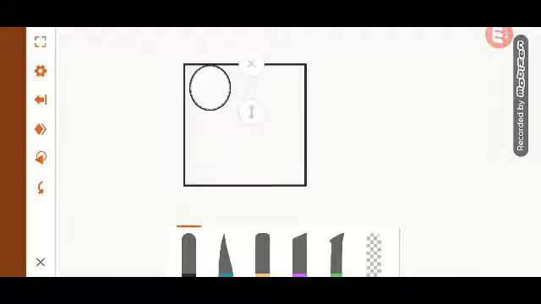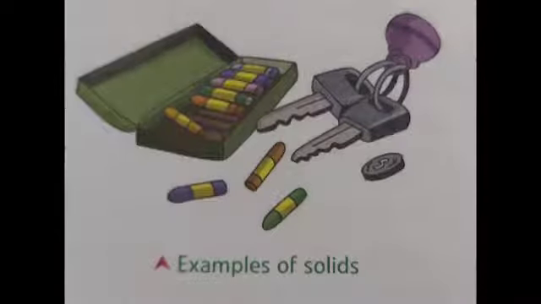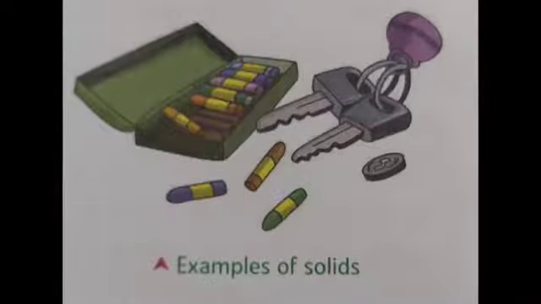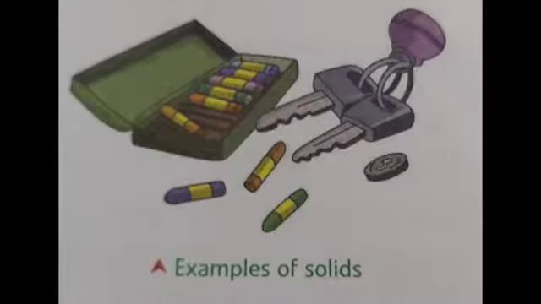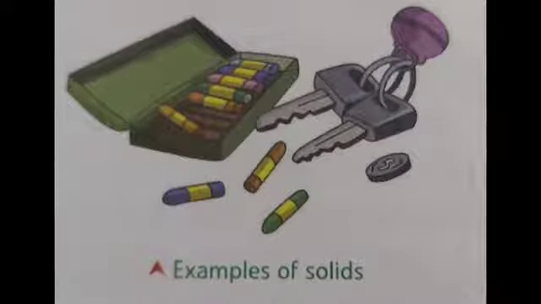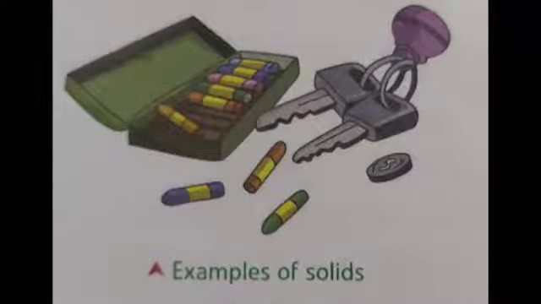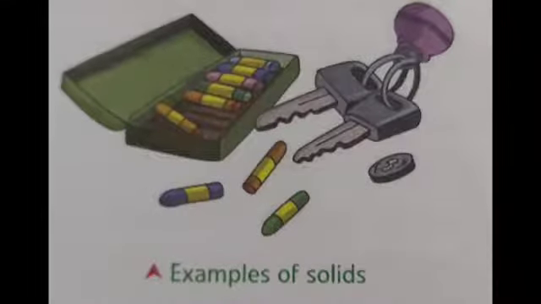For example, the shape of a book stays the same whether you put it into a bag or you place it on a table. The shape doesn't change. You see any solid, until and unless you apply some force, the shape will not change on its own.